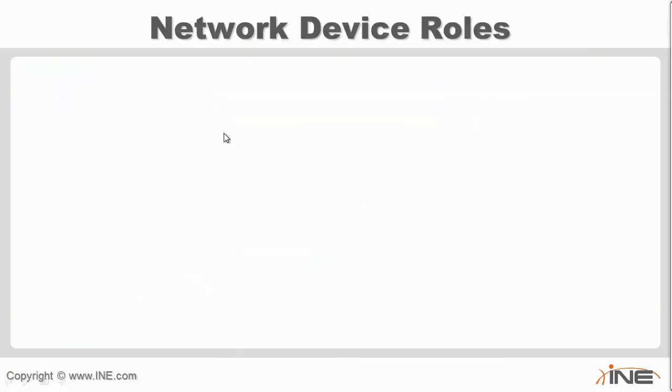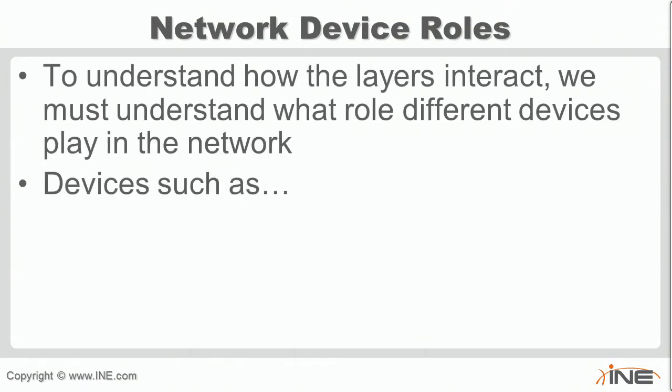So next thing we would then need to talk about is what are the different devices in the network and how do they fit into these different categories, the access, distribution, and core layers. In the case of Ethernet LANs, this is typically where we're going to be talking about some of the legacy devices like our hubs or our repeaters or multi-port repeaters.